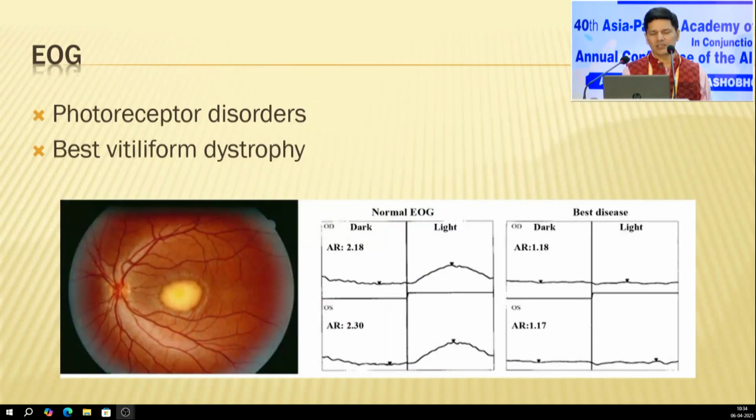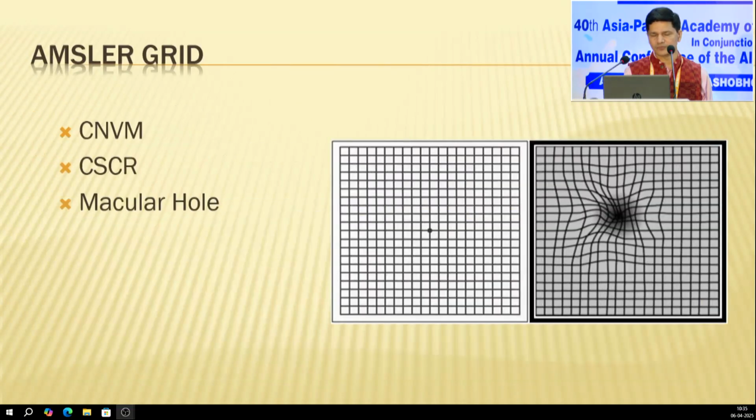Similarly, EOG is a very useful tool for photoreceptor disorders and Best vitelliform dystrophies, and changes you can detect easily in the reports. Amsler grid is used to monitor the disease, particularly CNVM, CSCR, and macular holes.